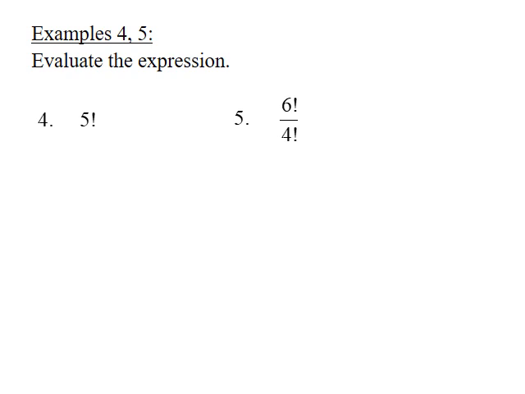The first example we have is 5 factorial. This is equal to 5 times 4 times 3 times 2 times 1. Plug that into your calculator and you will get 120. Now the next one's a little more complicated because it's division.